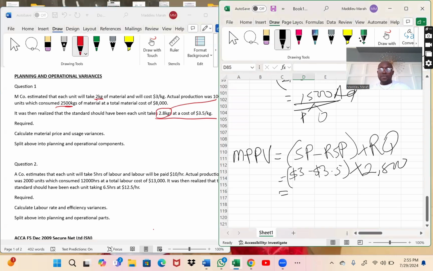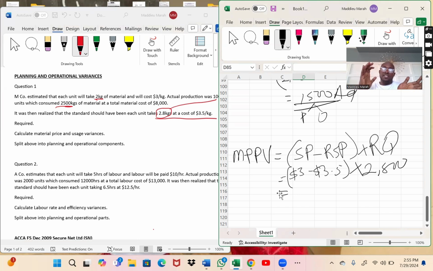So what does this variance tell us? It tells us that our standard is 3 and our revised is 3.5. So 3 minus 3.5 automatically gives us an adverse variance. These variances are cost variances. Cost variance, when the actual is greater than the budget, is an adverse.